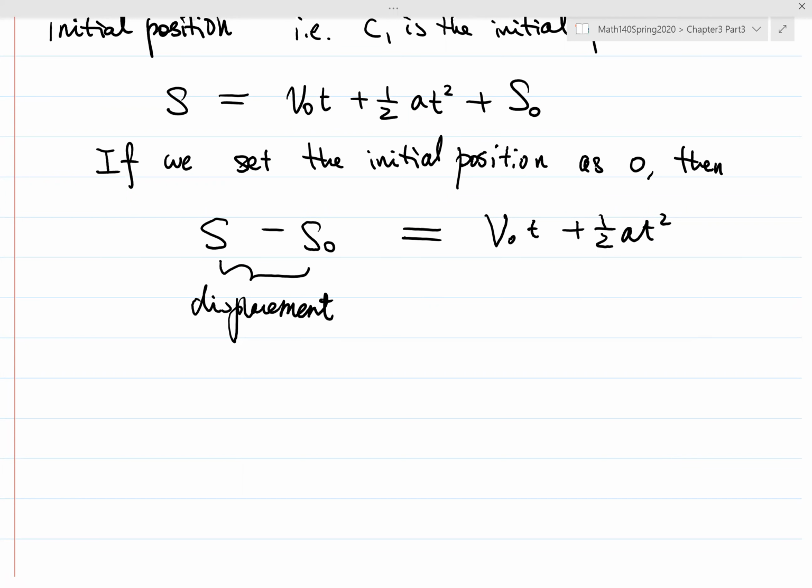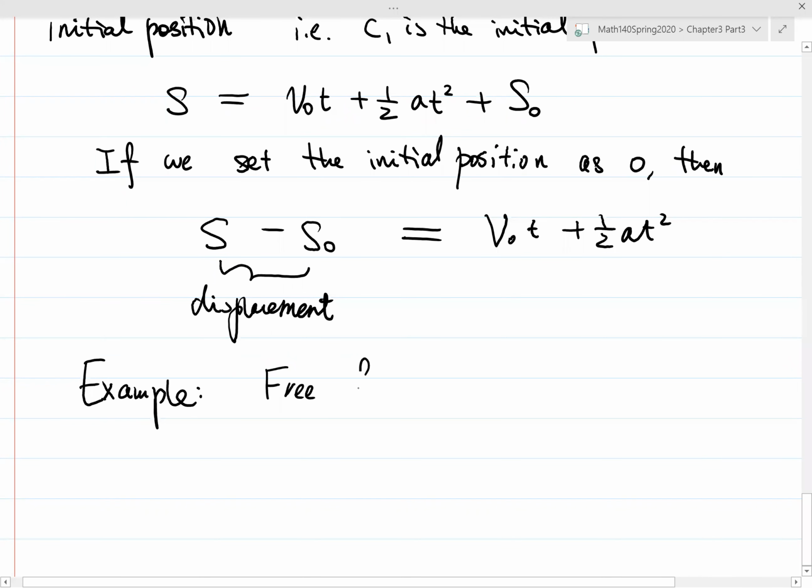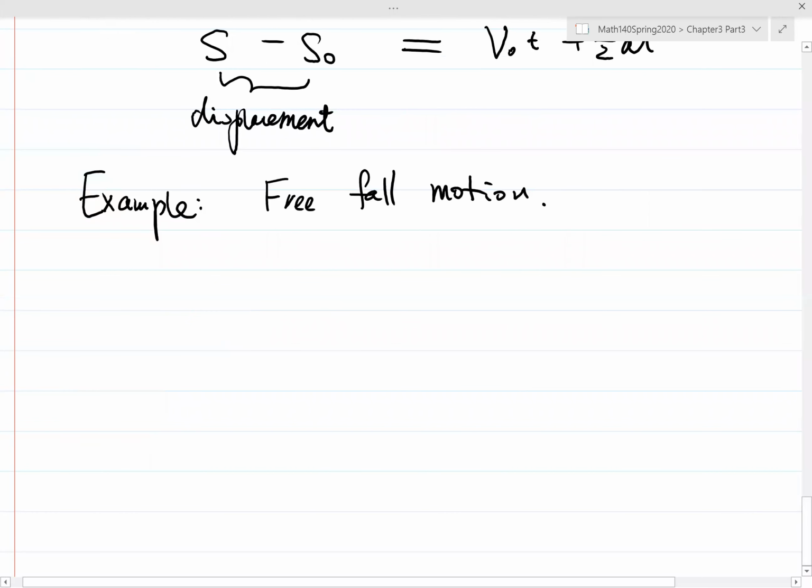Example: the free fall motion. Now the idea is, suppose you have an object, a particle or a small ball, at a certain height.